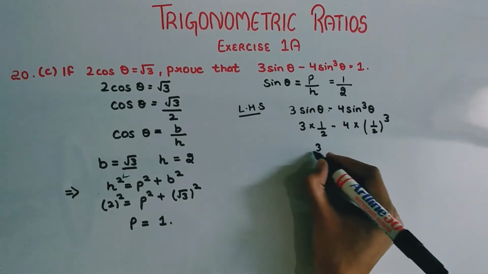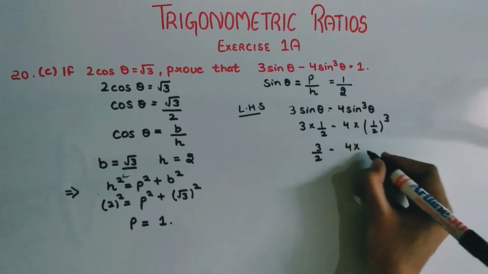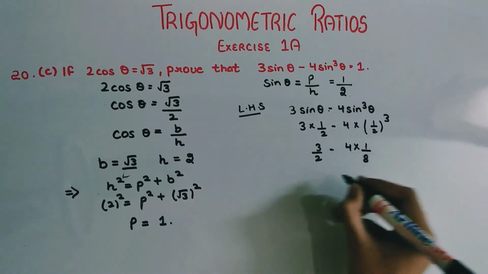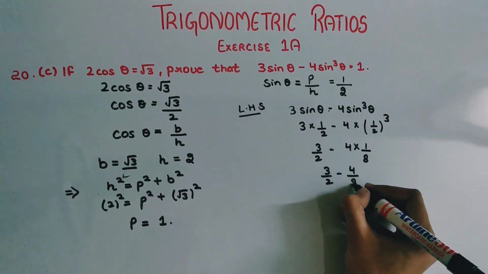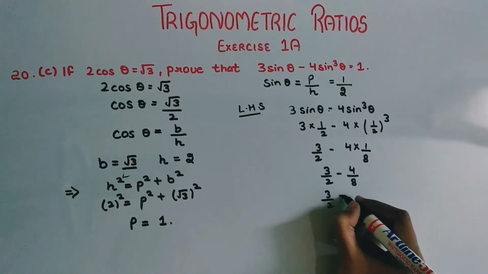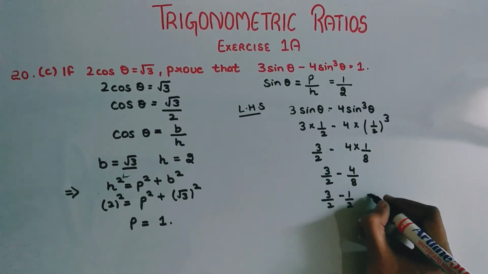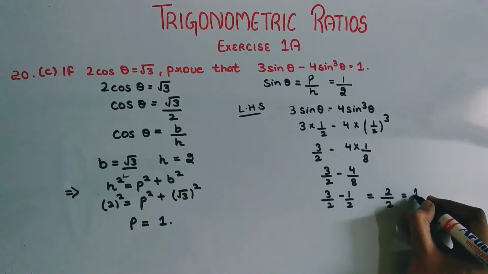This is 3 by 2 minus 4 multiplied by cube of 1 by 2, which is 1 by 8. That is 3 by 2 minus 4 by 8. We can simplify 4 by 8 as 1 by 2. 3 by 2 minus 1 by 2 is equal to 2 divided by 2. By simplification we have 1.